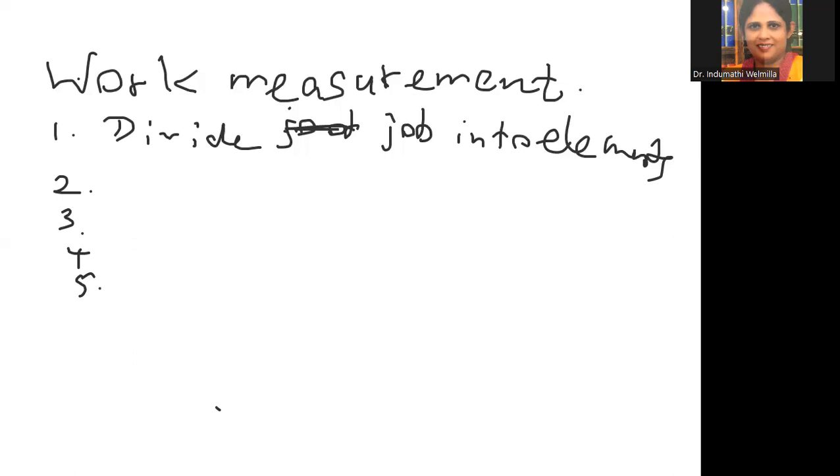This work measurement is very important, so it is better to know the objectives of work measurement.